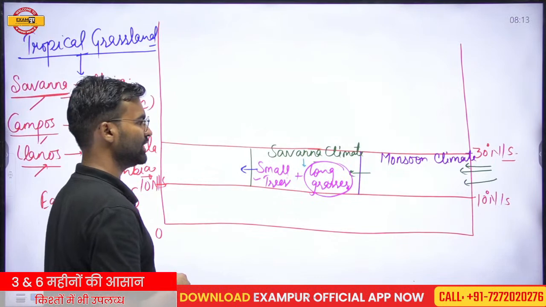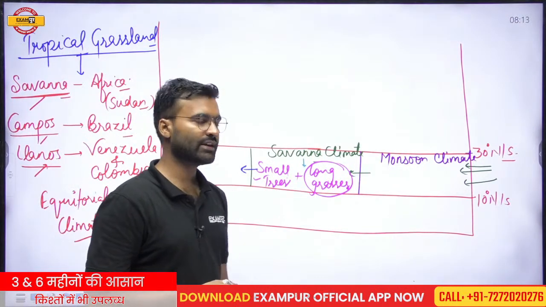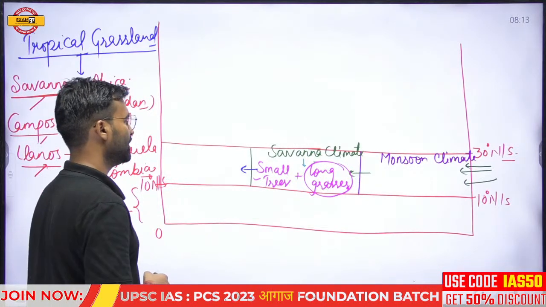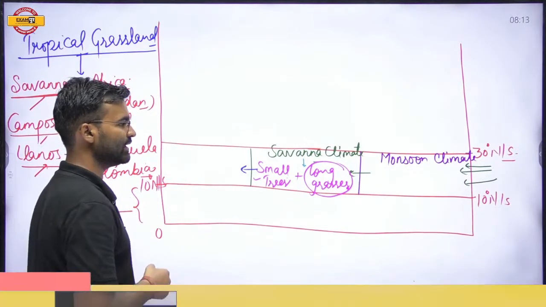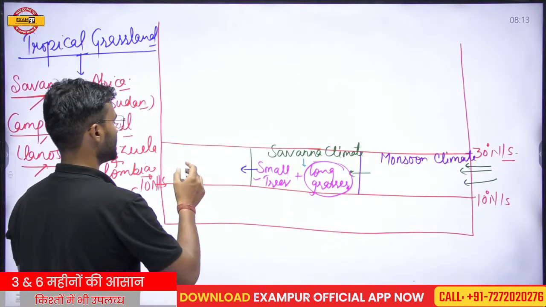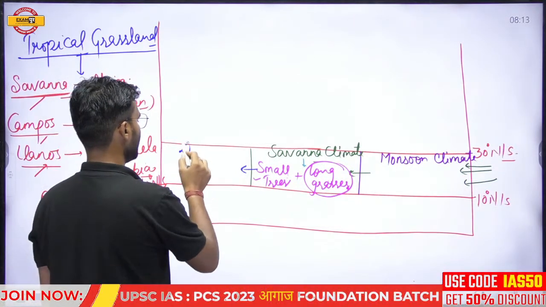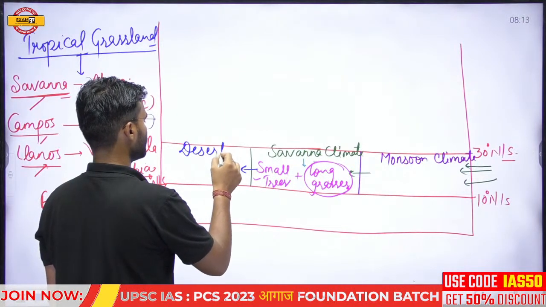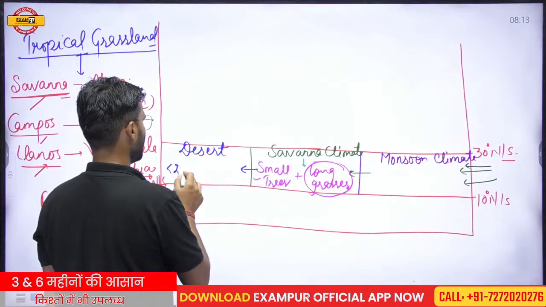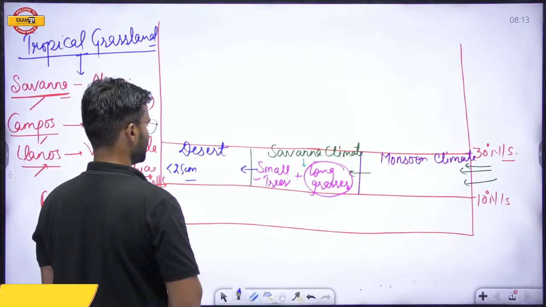Due to the dryness of this wind, there is no suitable condition for rainfall. So this region does not experience as much rainfall as required for vegetation. This region does not experience rainfall of more than 25 centimeters, that means it always experiences rainfall of less than 25 centimeters.